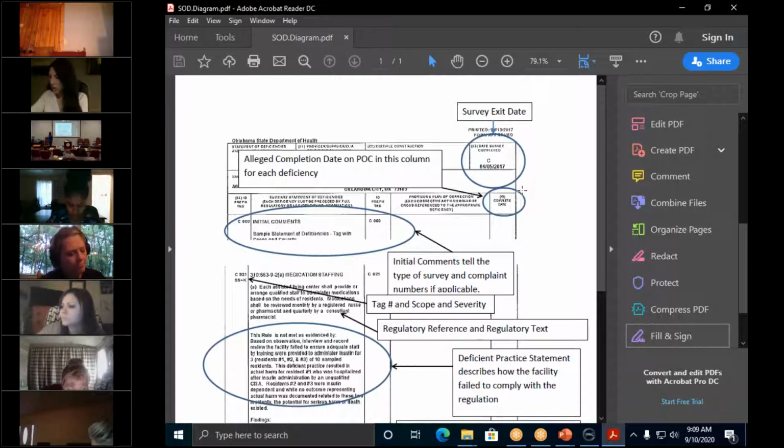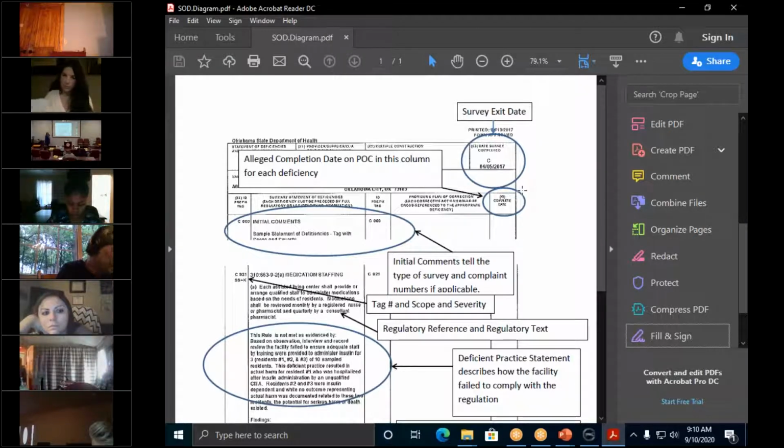At the top, there's an exit date. This one, the exit date is 4/5/2017. Can everybody follow along out there? Because this one's got all kinds of circles, and I want to make sure we're all on the same page.